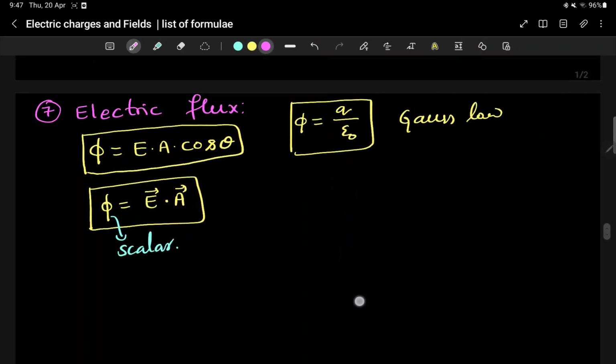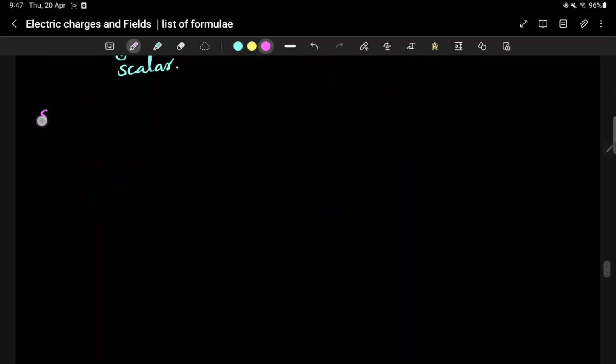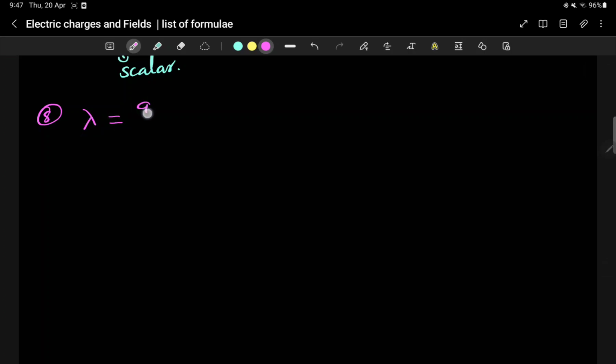Next, linear charge density, surface charge density, and volume charge density. Linear charge density is given by charge per unit length, or you can also write it like this, dq by dl. This is linear charge density.